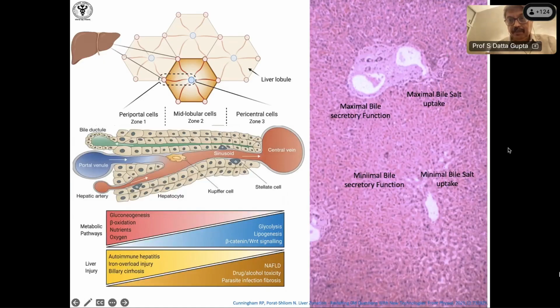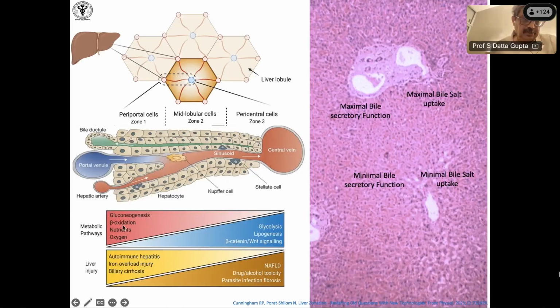It's very important because, for example, in biliary disease, the maximum bile secretory and uptake takes place in the periportal area and minimal bile secretory and bile salt uptake in the centrizonal area. So when there's excess of bile salts, most of the changes are found in the periportal area.